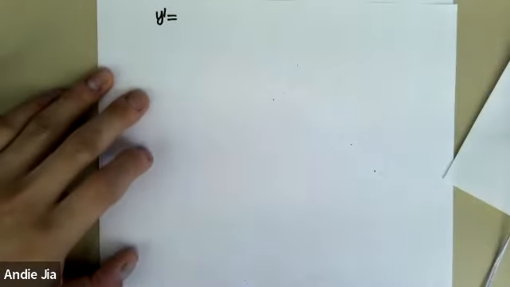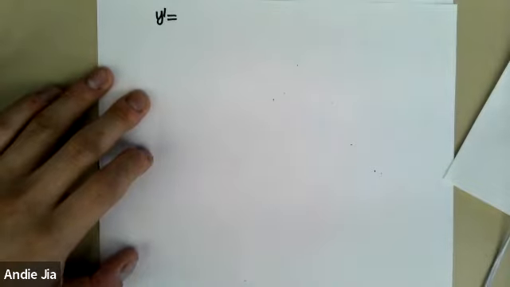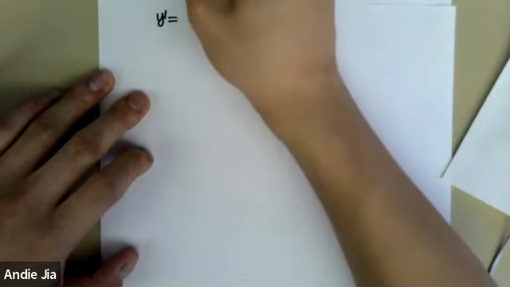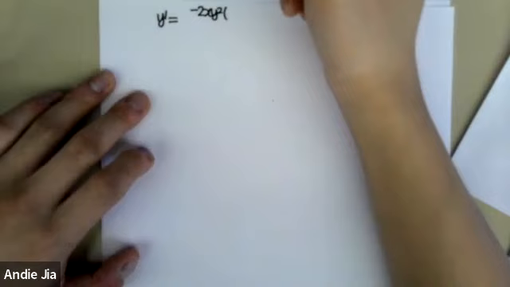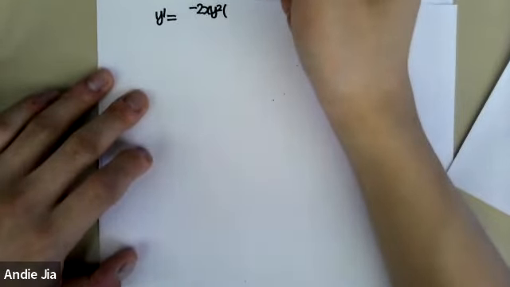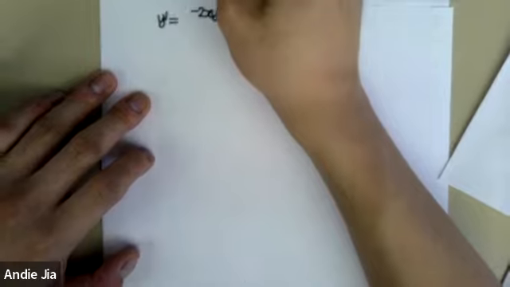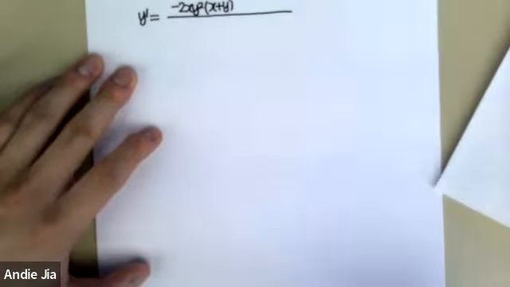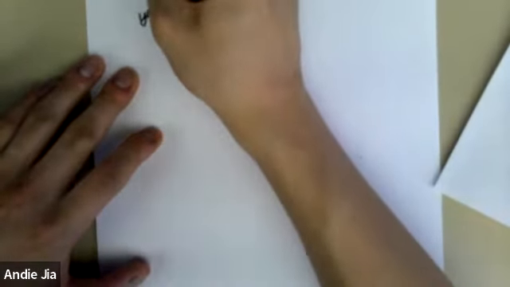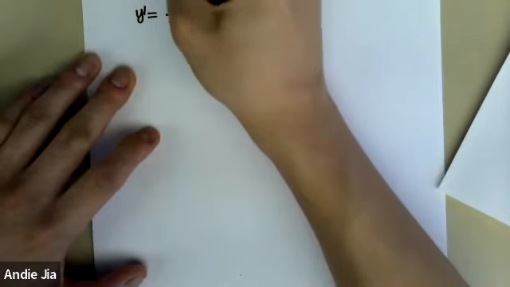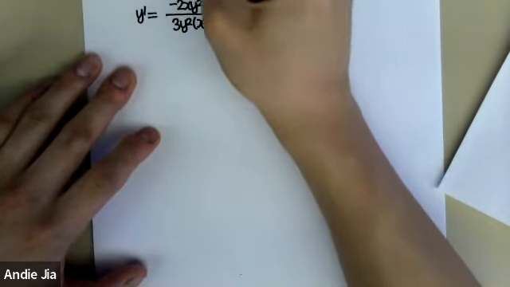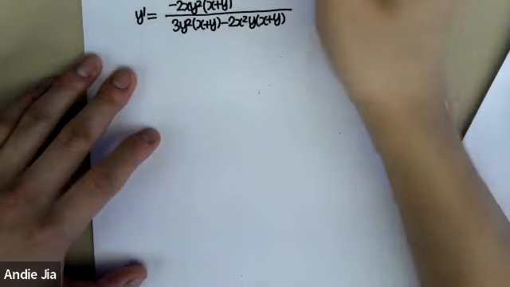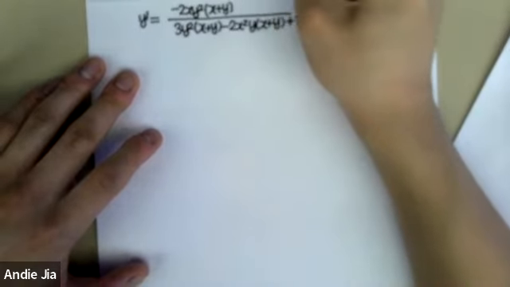So y prime is going to be minus 2xy squared, then multiplied by x plus y over this nasty expression. So it's going to be 3y squared and x plus y minus 2x squared y, x plus y plus 1.